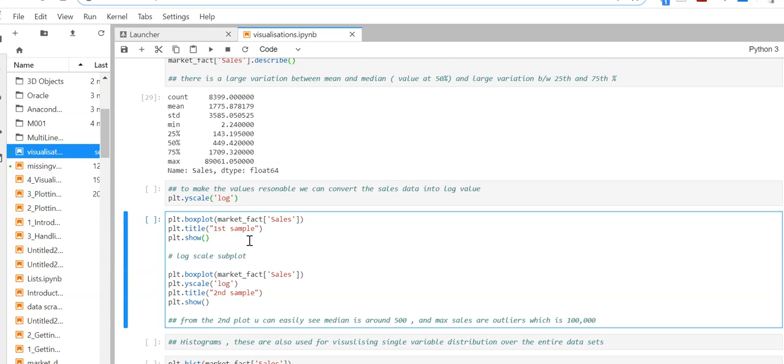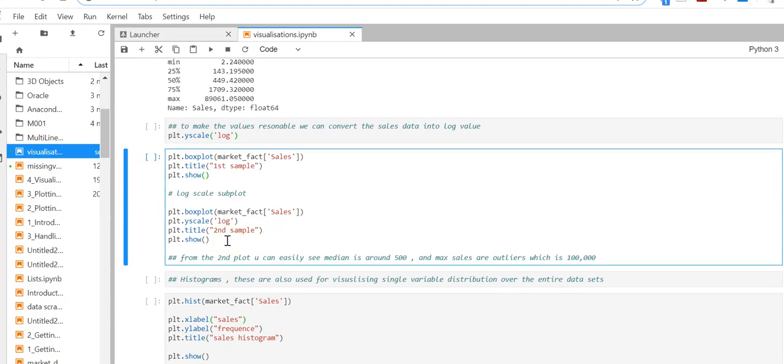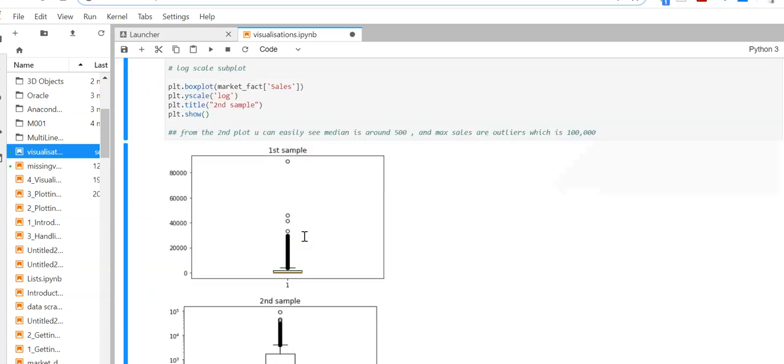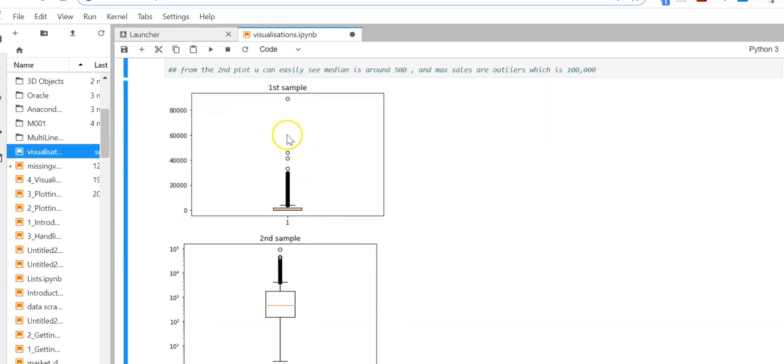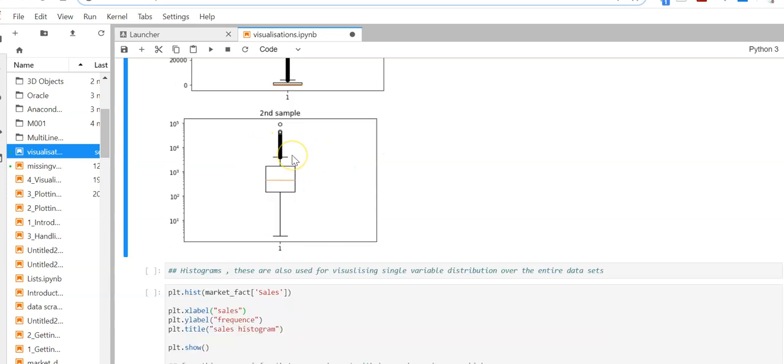So here I'm going to plot two box plots of the same column, sales data. The only difference is that I'm going to scale the sales value by using the log function. Now if you see, my first sample is not readable and my second sample is now readable.